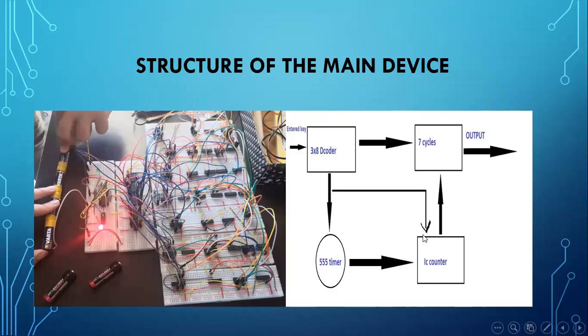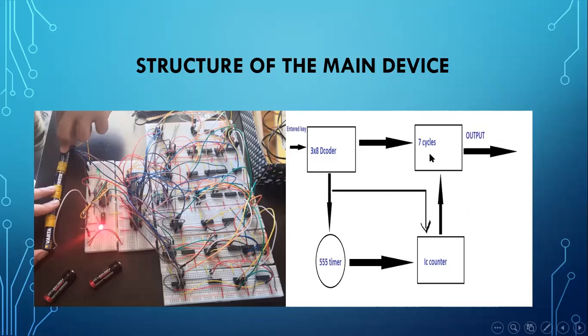In the stationary state, if it's not counting up, the output is going to be the first part of the cycle we chose. When it counts up, it's another signal to the 7 cycles for each input.